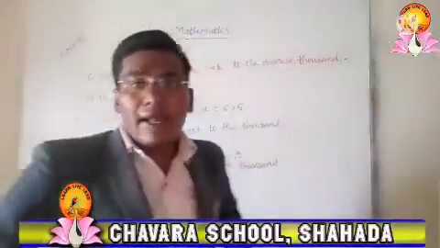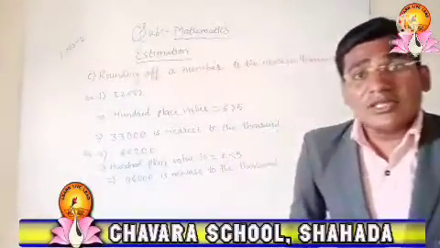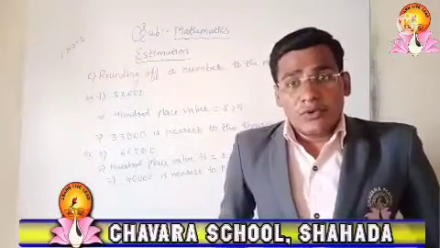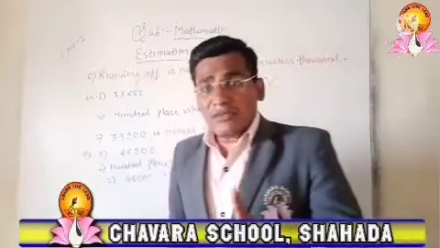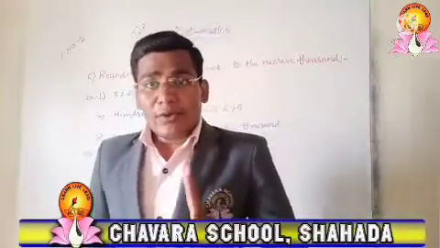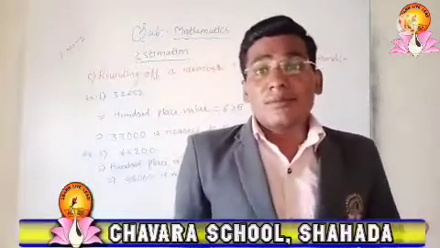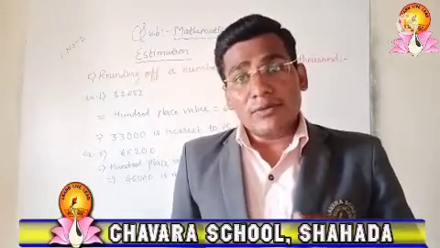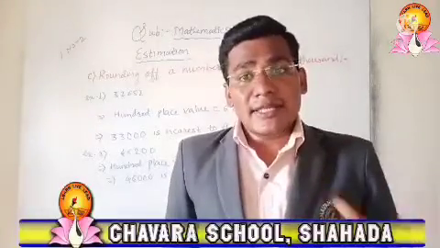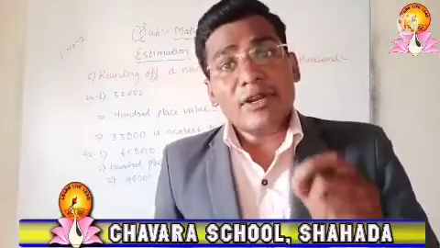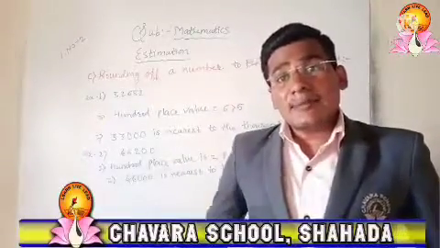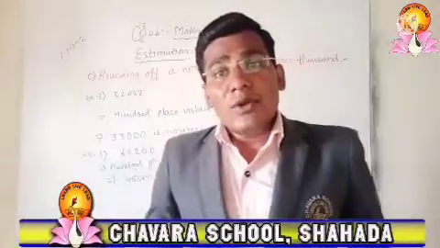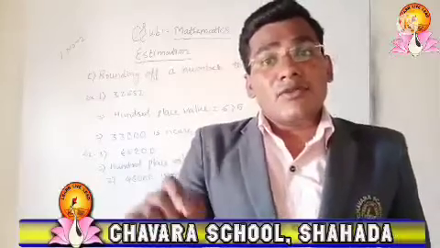Okay, this way we can round up our numbers to the nearest 10, to the nearest 1000, to the nearest 100. Then what do we learn from this? We learn the first rule. If we have to round up a number to the nearest 10, 100 or 1000, and the value of the tens place for units, the 100 place for tens, the 1000 place for hundreds is less than 5, then we put that value as 0 and we do not change the rounding place value.